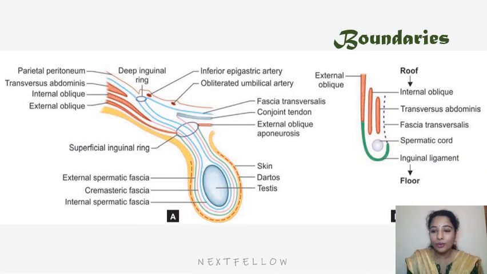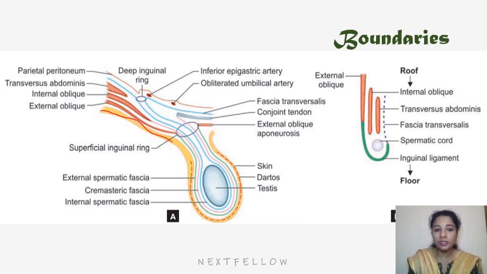Let us have a look at the boundaries of this inguinal canal. The inguinal canal is not a transverse passage, it is an oblique passage. Because of the oblique passage, the anterior wall on its whole extent is formed by the skin and superficial fascia.